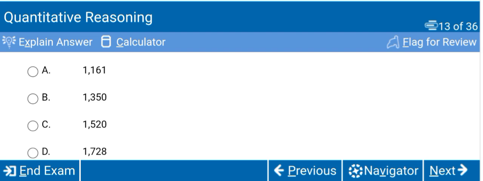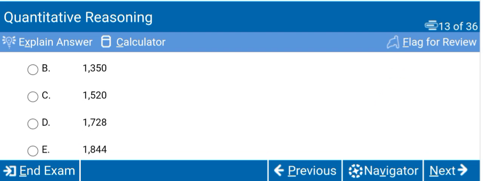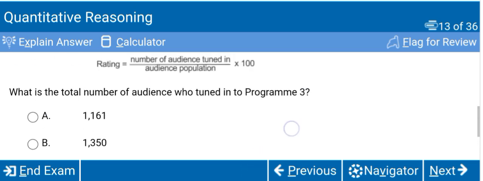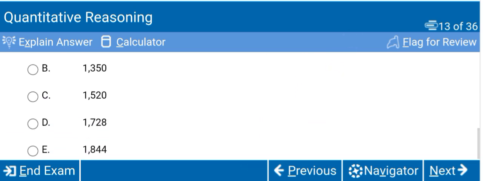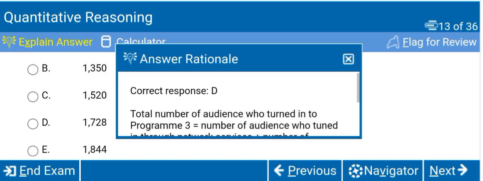Option C 1520. And option D 1728. Option E 1844. So here we have these number of audience. So let's see which one is the correct number of audience.